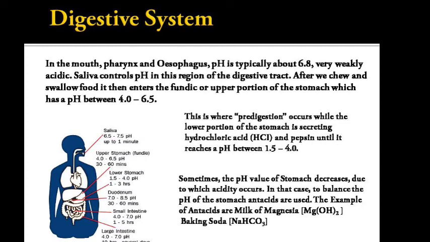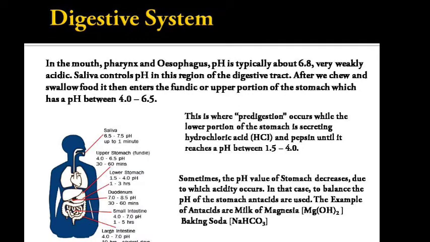Starting with the first application, digestive system. In our mouth, pharynx and esophagus, pH is typically about 6.8. That means it falls under weak acid. Now the saliva in our mouth controls the pH in these regions.